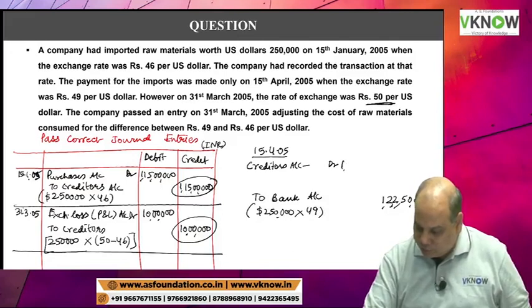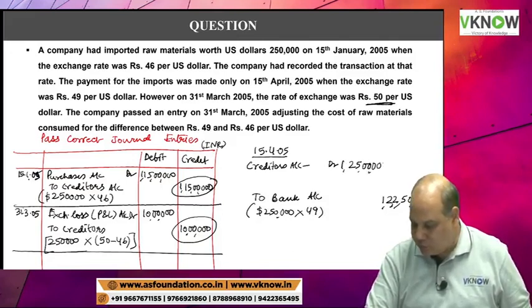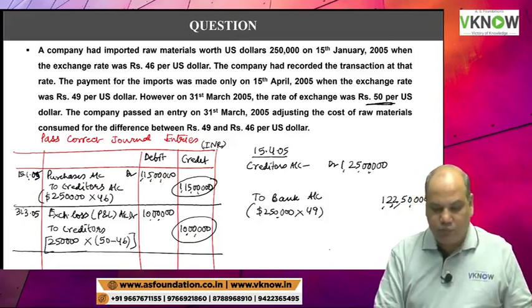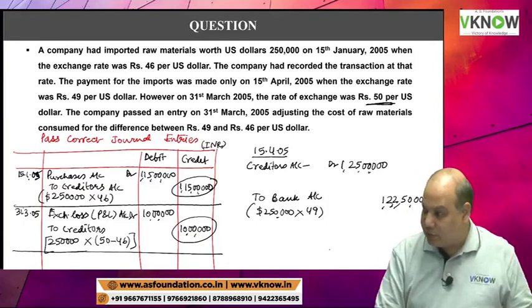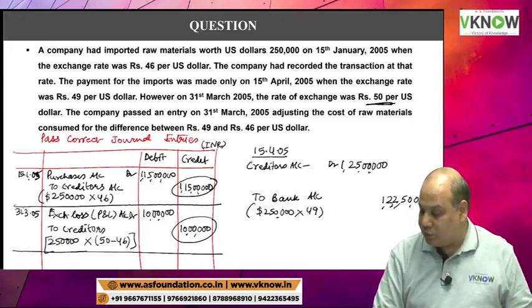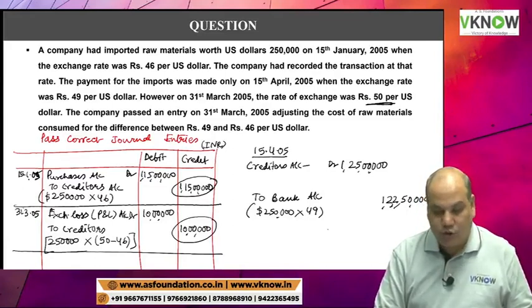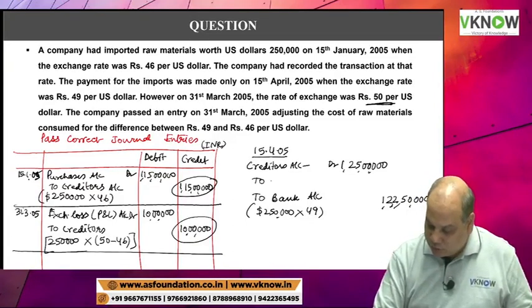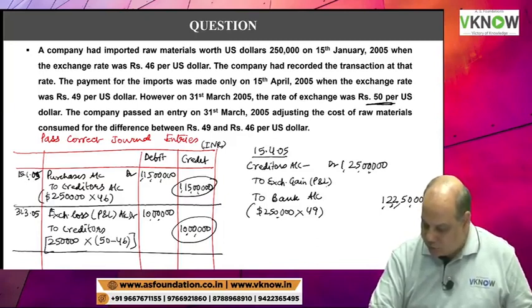1 crore 25 lakh. This is my creditor balance, 1 crore 25 lakh, but I have to pay only 1 crore 22 lakh 50,000. So the remaining amount will be exchange gain (P&L account).